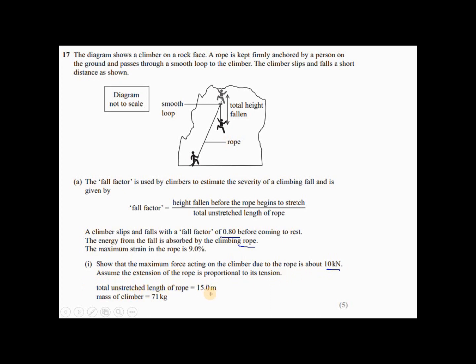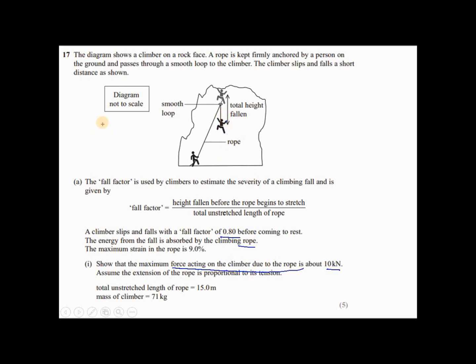Total unstretched length is given and the mass of the climber is also given. We need to find the force when the climber is falling, the force due to the rope. So it's all about the falling person and the energy absorbed by the rope.